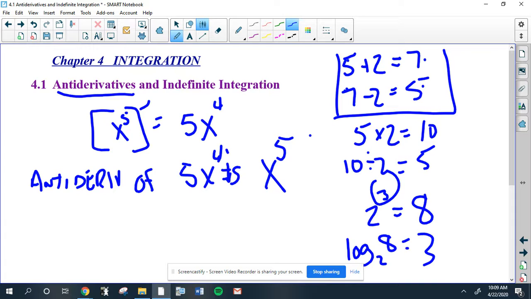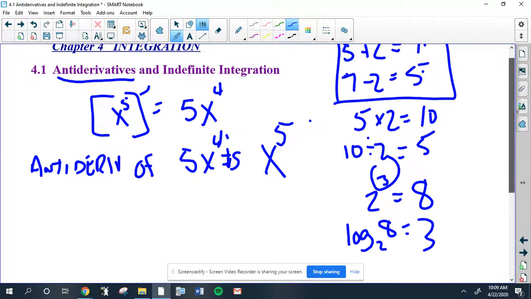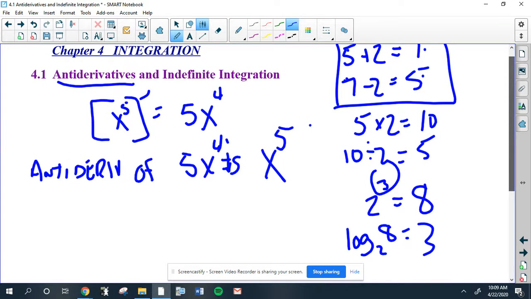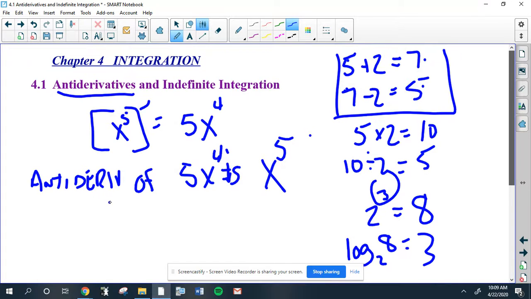So that's the basics. If you watch that Jeopardy video before this, we learned that there's more than one answer for antiderivatives.